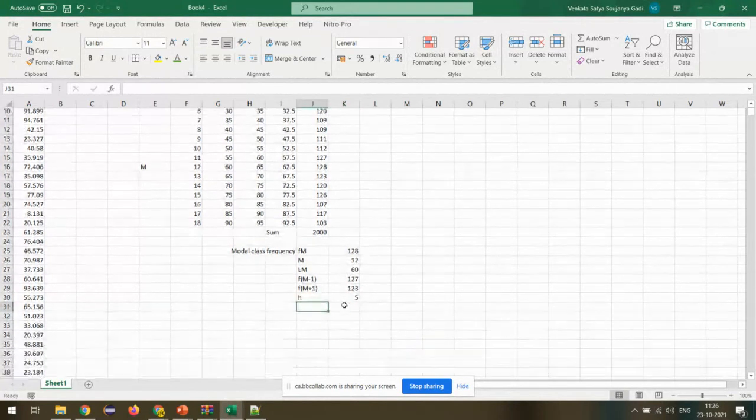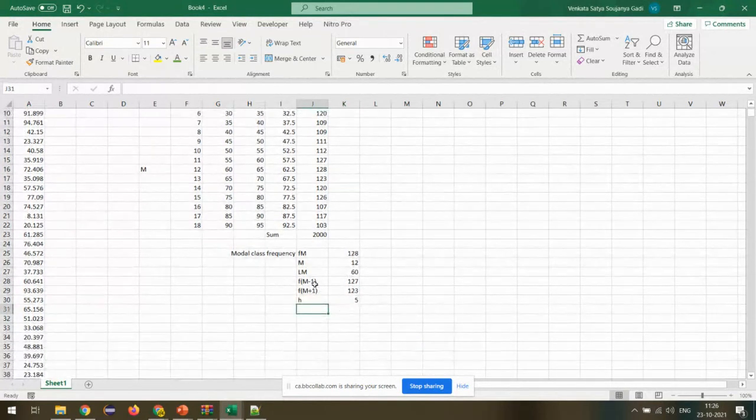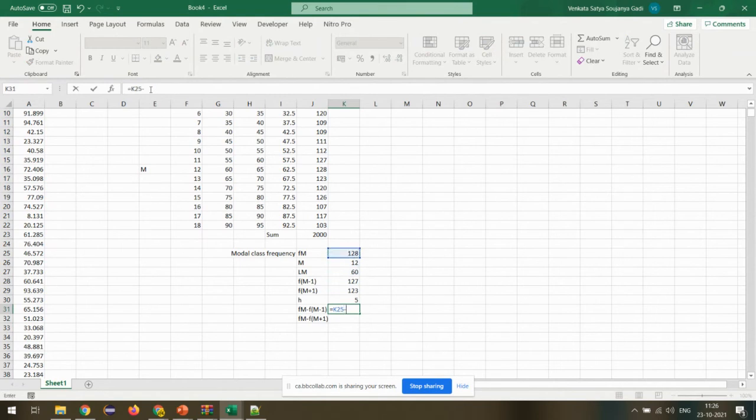And then we have to calculate FM minus the frequency of the row before, and FM minus the frequency of the next one. So let me do this: FM minus this one, and this one minus this one. Okay.